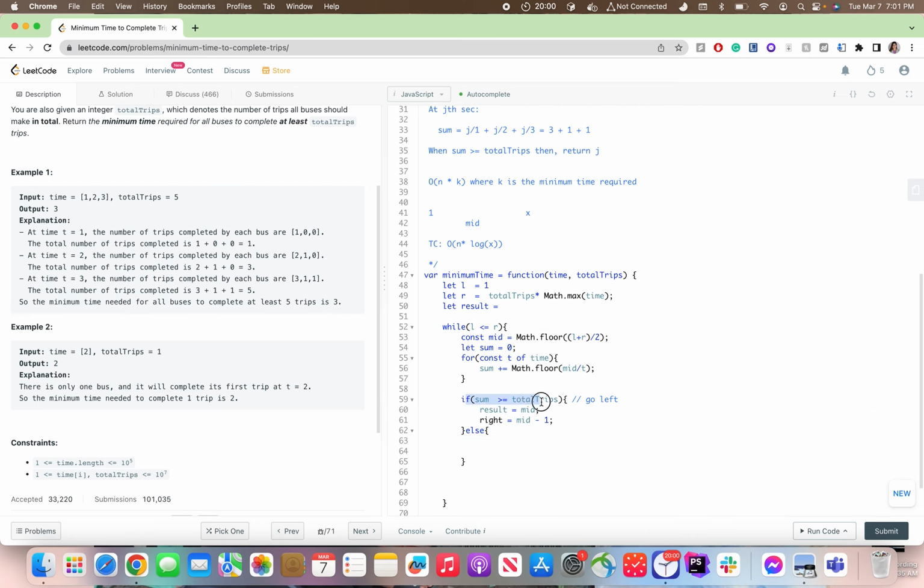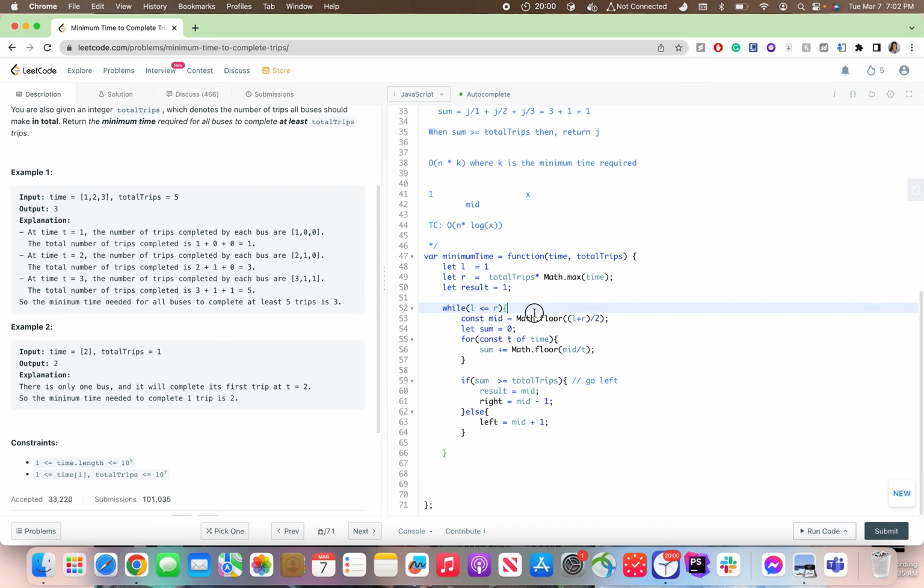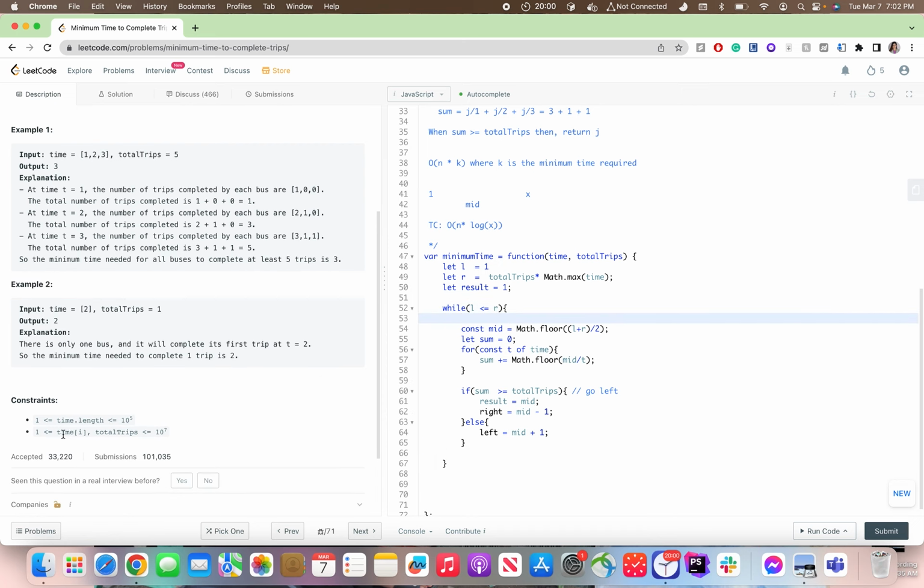Okay, if sum is greater than total trips, then this would happen. Otherwise, if it is less than total trips, then we would go right. So left would be equal to mid plus 1.